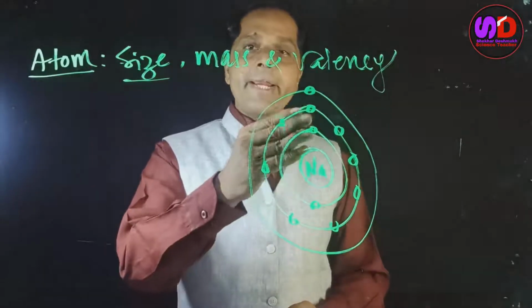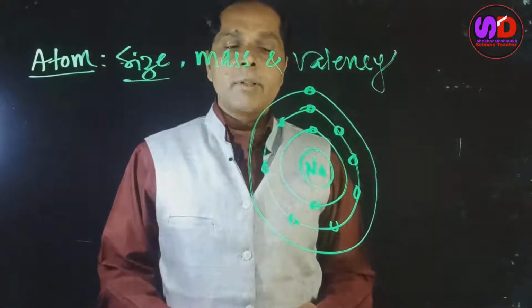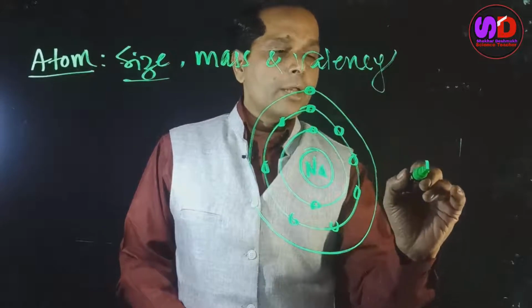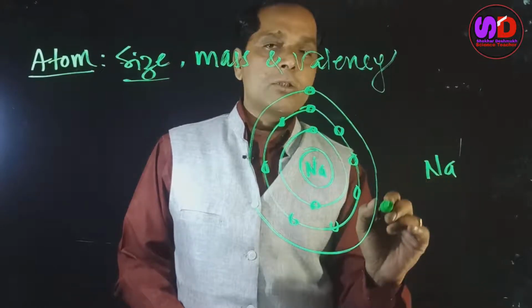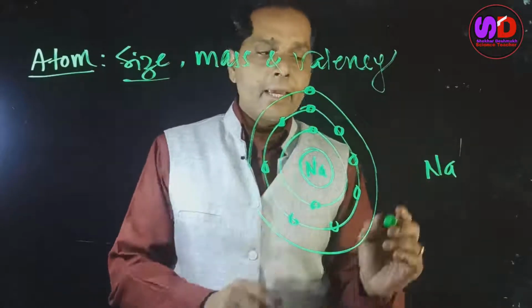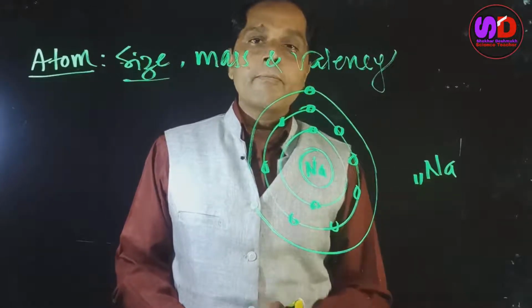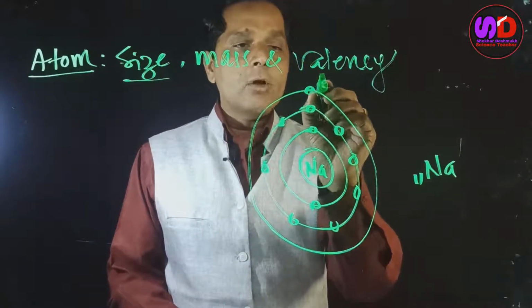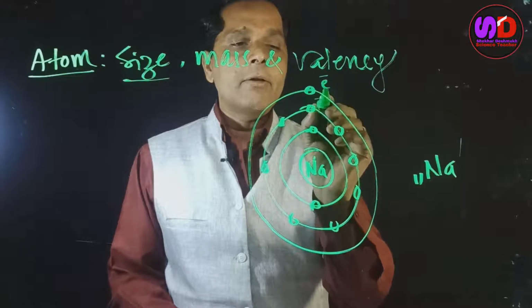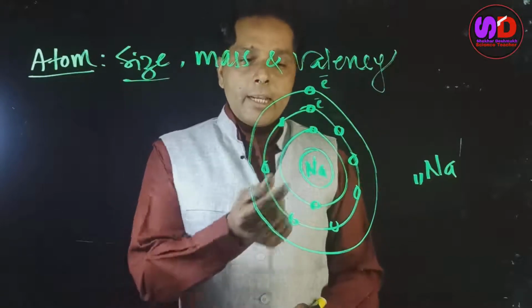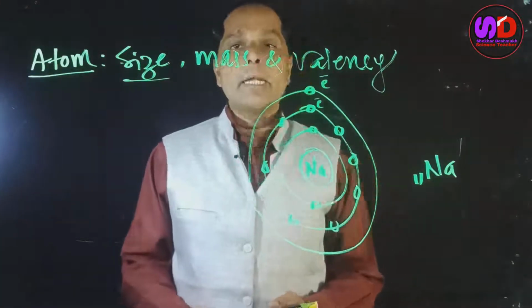So 2, 8, 1. The atomic symbol of sodium is Na. The atomic number is 11. That means 11 negatively charged electrons revolve around the nucleus, and 11 protons are present inside the nucleus.